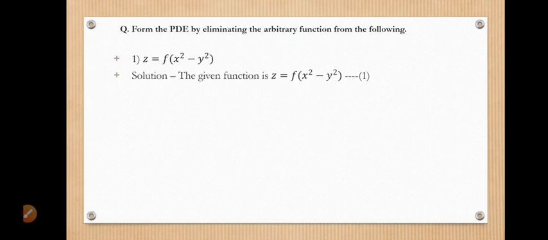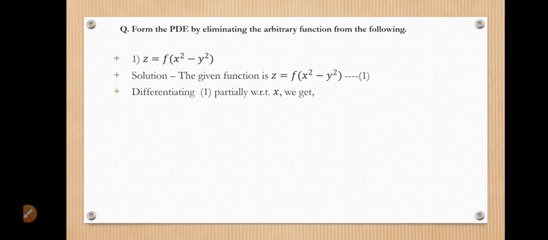First step, write the given function as it is, call it equation 1. Now differentiating this equation 1 partially with respect to x: partially with respect to x means all the terms which are containing independent variable y should be treated as a constant.